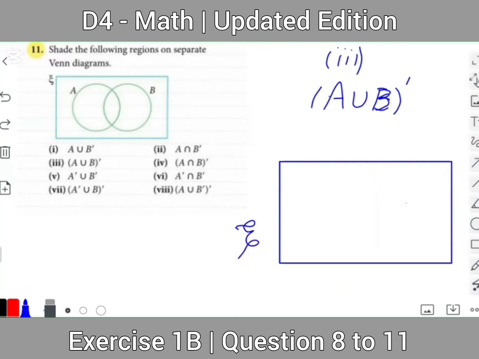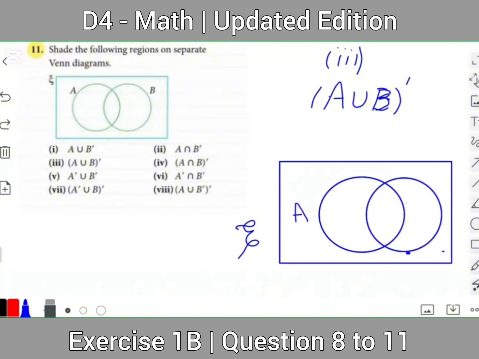Inside it, we will draw two overlapping circles that represent the sets A and B. So we have to find out the region that represents A union B whole complement.